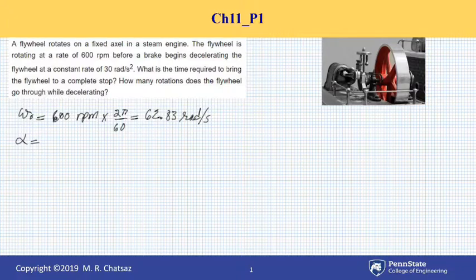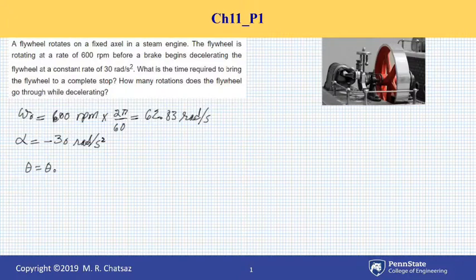The given acceleration is constant and it is slowing down, therefore it's actually a deceleration, or negative 30 radians per second squared. And again, because the acceleration is constant, I can use kinematic equations for constant acceleration.